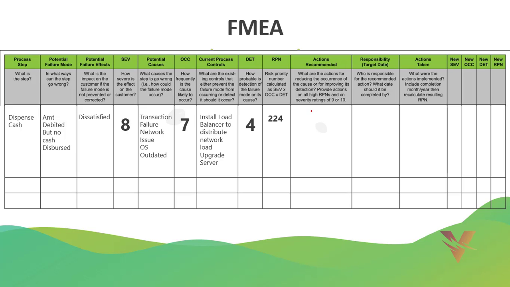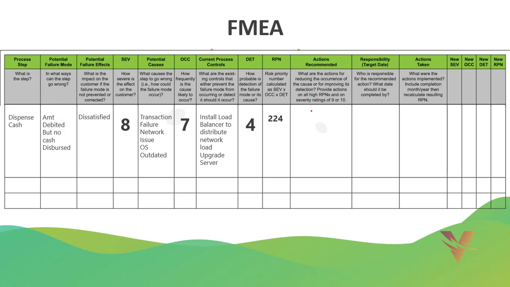Next is the actions recommended to overcome these failures. These are the improvement actions we need to implement to solve the problem we are facing. Here they also specify to provide actions on a high risk priority number or on severity ratings of 9 or 10.